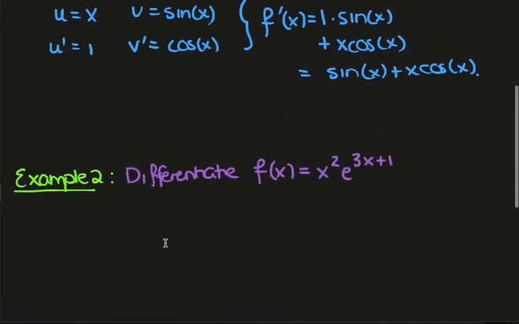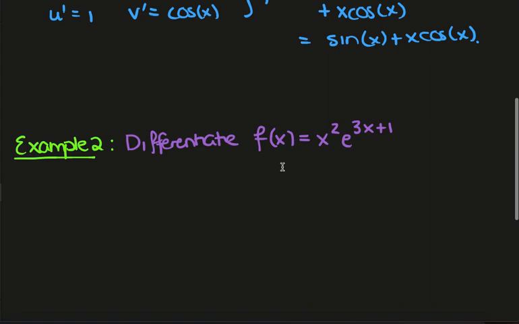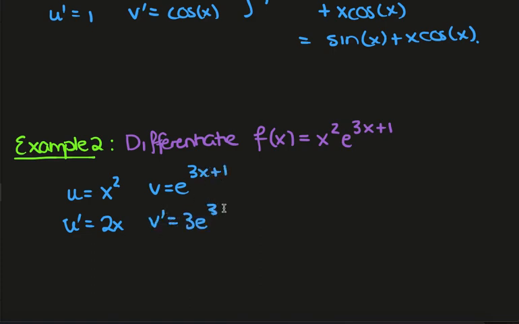Okay, let's look at another example. Here we have f of x is equal to x squared times e to the 3x plus 1. So here u is x squared, so u prime is equal to 2x, and v is equal to e to the 3x plus 1, so v prime is 3e to the 3x plus 1.